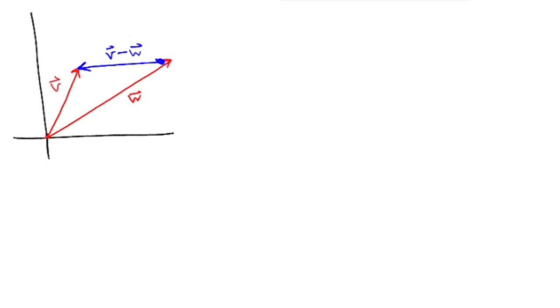Now the interesting part is I'm looking for this angle, theta. That's my goal, to find that theta. So what do I have? If I know what V and W are numerically, I can find the magnitude of V, I can find the magnitude of W, and I can find the magnitude of V minus W. So I can convert these all into magnitudes. What does that tell me about this picture?